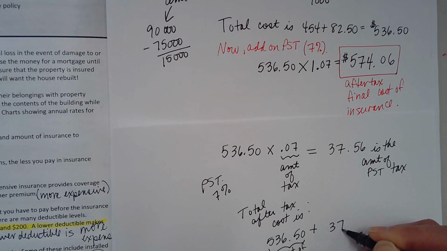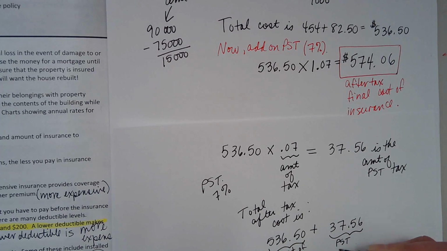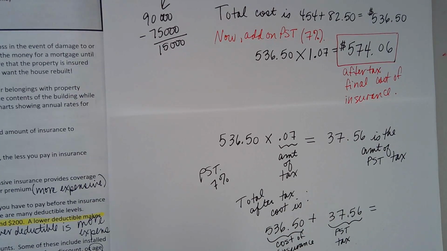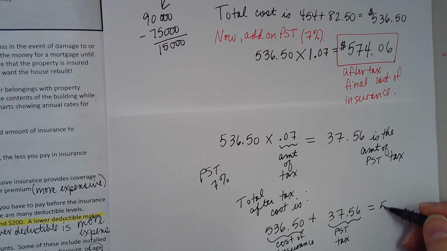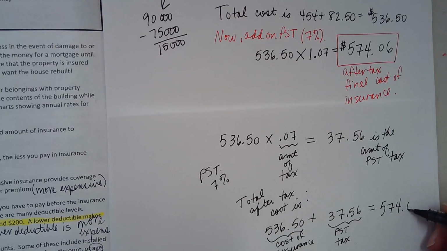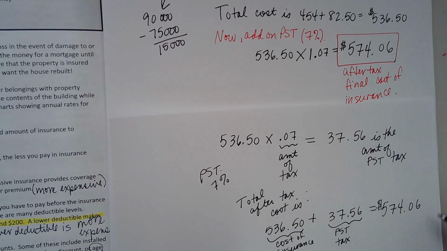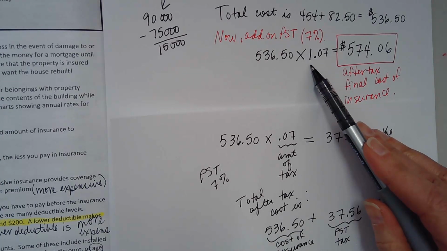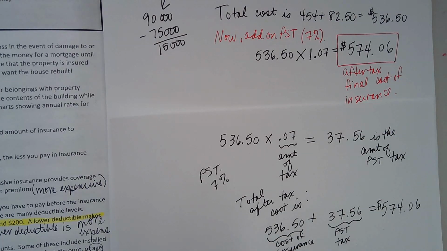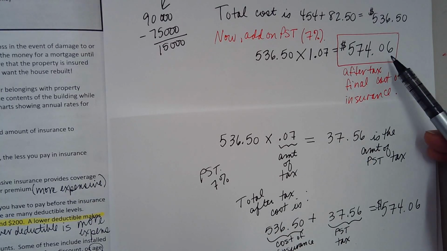That was the $37.56. This is the PST tax. Okay, so what do we get when we add those two up? 536.50 plus 37.56 is 574.06. It's the same answer, okay? Adding that 1 in there does this adding on for you already. That's the quick way to get the answer.